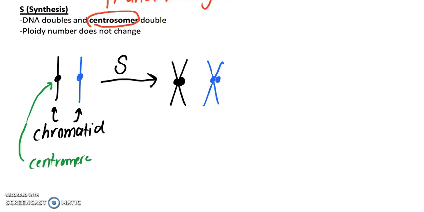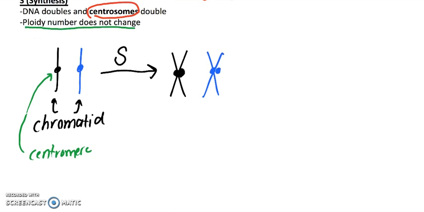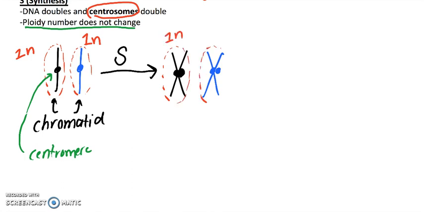Okay, so even though DNA doubled, ploidy number does not change. So if you look, this is still that one set from dad. This is also still the one set from mom. If you go to this picture, we still have only one set from mom, and this is still that one set from dad.